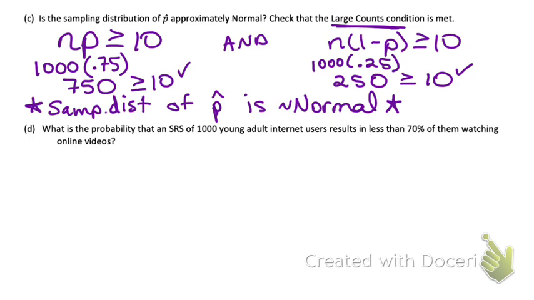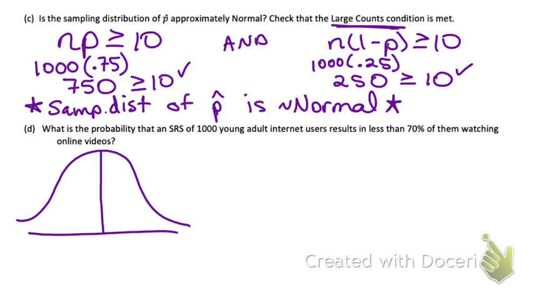Well, here's the good news, you guys. We know that our p hat distribution is approximately normal. We know that the mean of this distribution is 0.75. And we calculated that the standard deviation of this distribution is 0.0137.